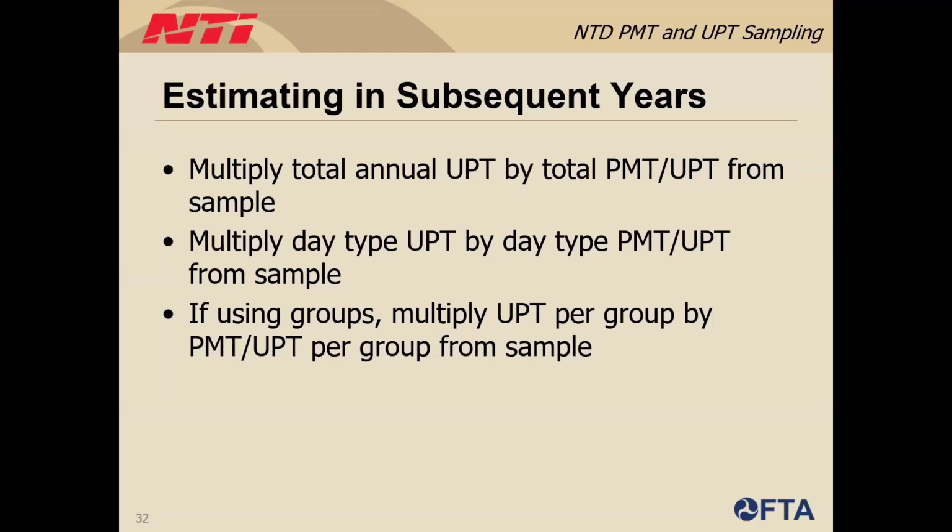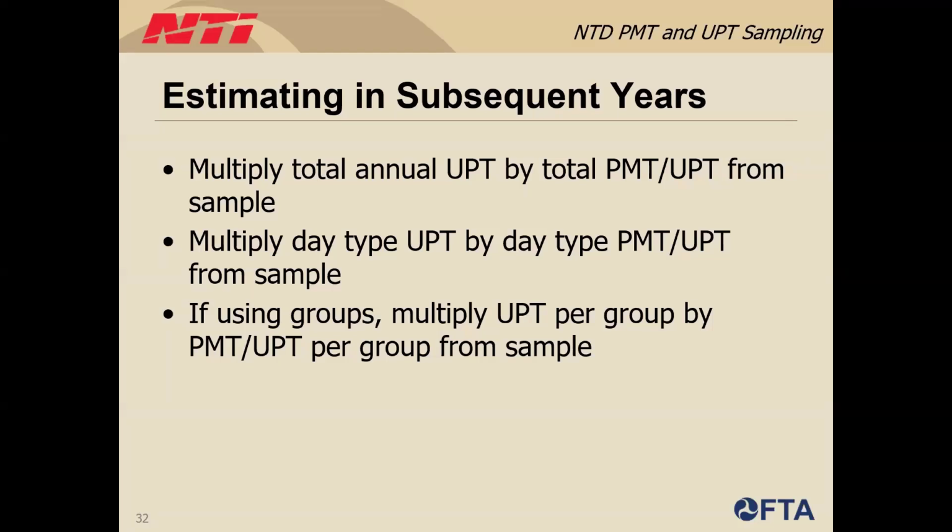That gives you the total annual PMT for the non-sampling year. Then calculate the PMT by date type. Multiply the weekday APTL from your sample by the weekday UPT from the non-sampling year. This is the weekday PMT. Do the same thing for Saturday and Sunday.